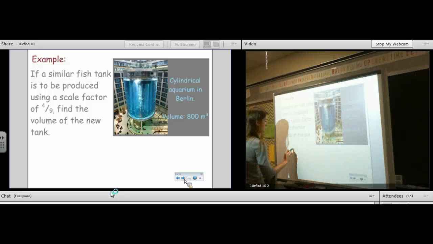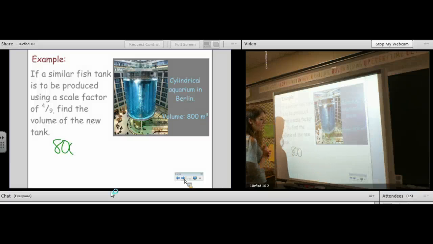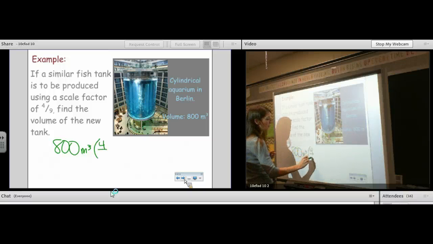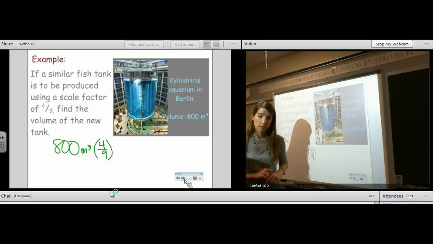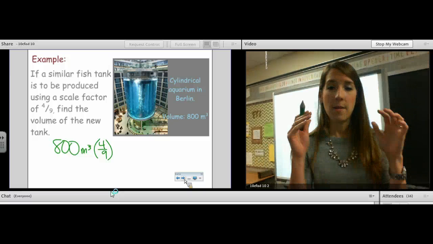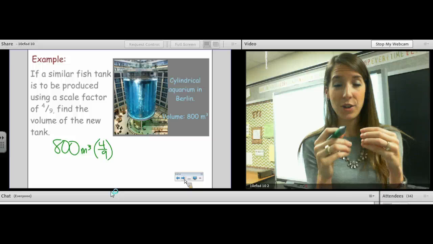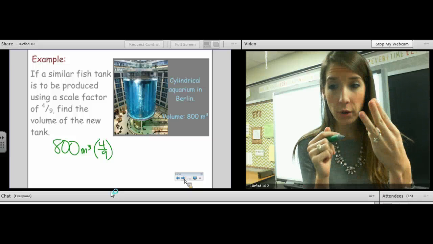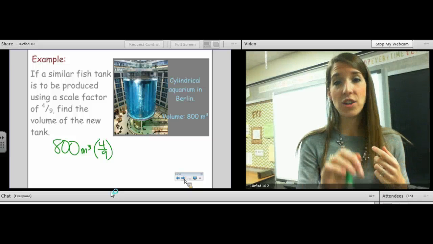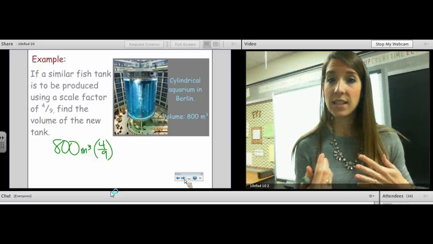So here's my original fish tank. It is 800 cubic meters. I'm going to multiply that by my scale factor. But I've got a problem because my units, meters cubed, that 800, that is in 3D. That's a volume. And my scale factor is just 1D because it's a scale factor.